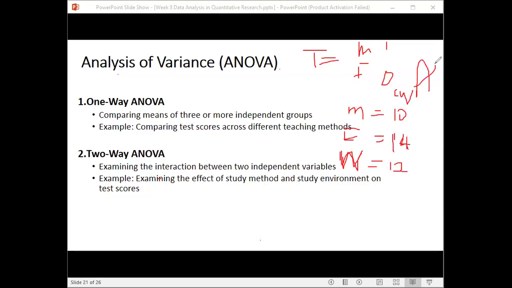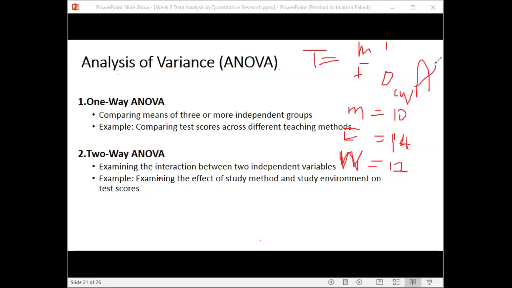Because the groups are more than 2. Whenever the groups are more than 2, we use the ANOVA. So if it's just morning and evening, there are only 2, I can use the t-test. Evening and weekend, there are only 2, I can use the t-test. But the moment it becomes morning, evening, weekend, I have to use the ANOVA, because that is what can go beyond 2 groups.